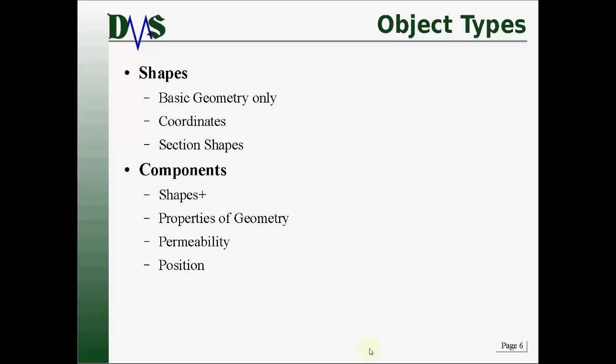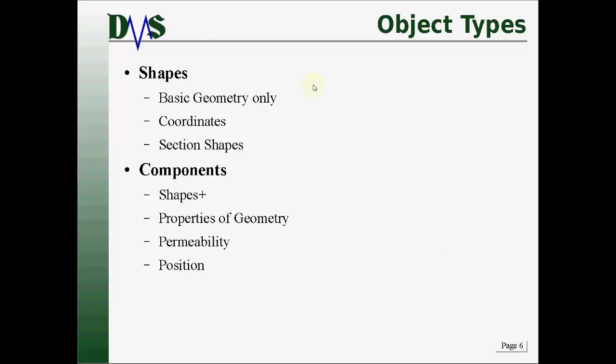A shape then feeds into a component, and a component is basically that shape information plus some extra bits. Now we start talking about properties of geometry. A component has the geometry plus the properties of that geometry, things like the permeability of a space and the position of that space relative to the total vessel coordinate system.